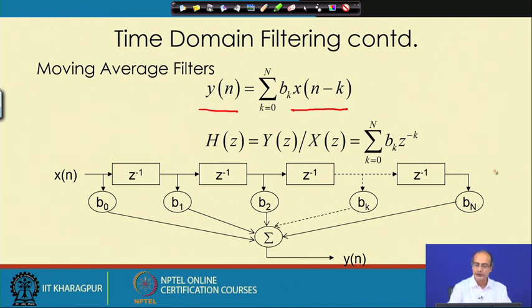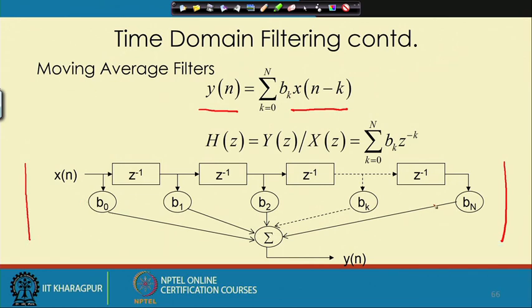Below we show the block diagram: the input is fed to a chain of delay elements, which act as a delay line, and at each step it is tapped and multiplied with some weight. The outputs of the multipliers are added together, and that gives us the output y[n].